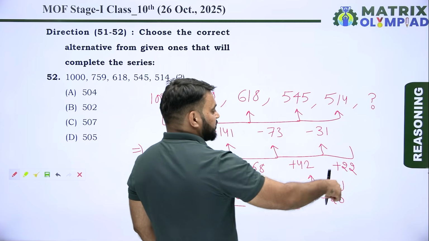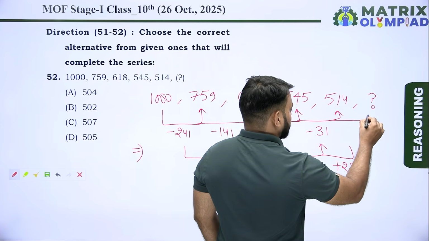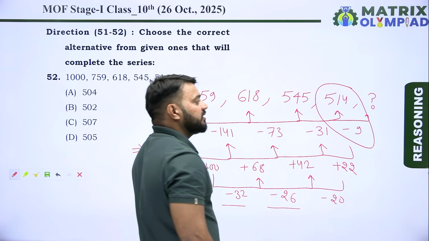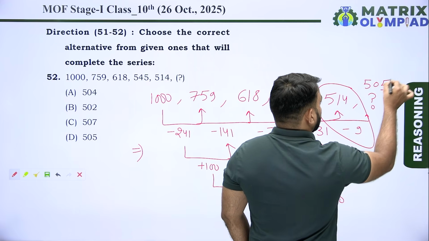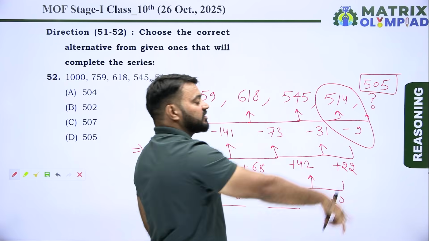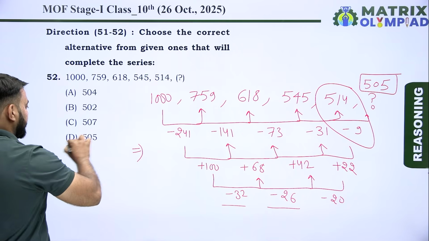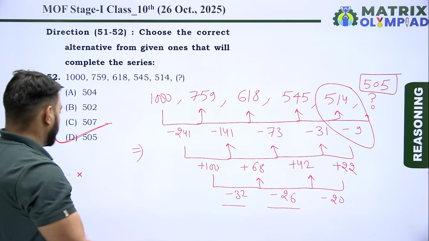Now adding 22 to minus 31, it means minus 9. So 514 minus 9 it means 505. So here 505 is the next number of the given number series. So option D is the correct answer of this question. Let's move on to the next question.